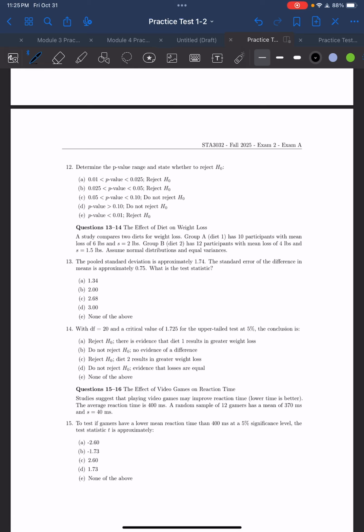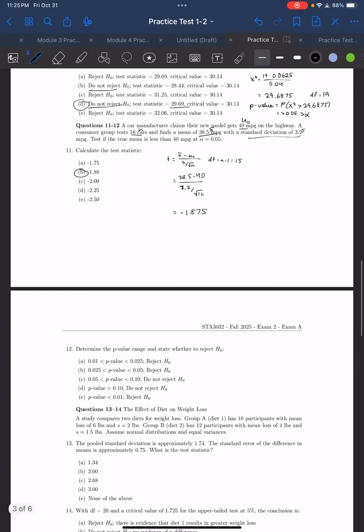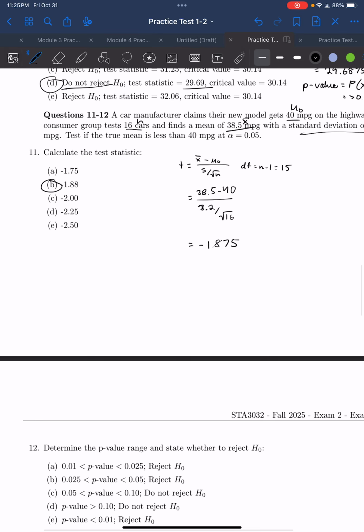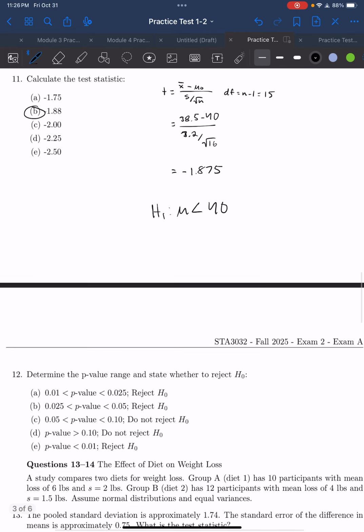Now we need to calculate our p-value to test whether or not to reject our null hypothesis. First we need to see what our alternate hypothesis is. In this case, our alternate hypothesis is that our true mean is less than 40 miles per gallon.